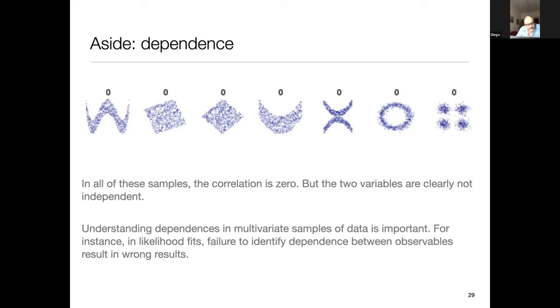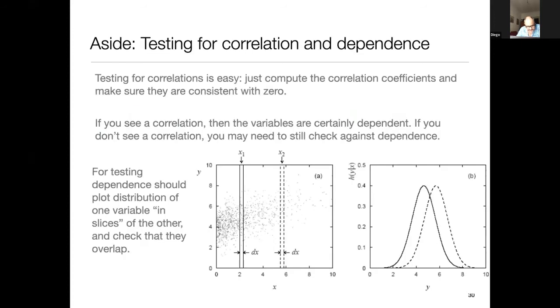And if you compute the linear correlation between them, it's always 0. So this is just an example to tell you that checking that 2 variables are uncorrelated does not necessarily demonstrate that they're also independent. And to demonstrate that they are independent, you need to do some specific test, which is shown here.